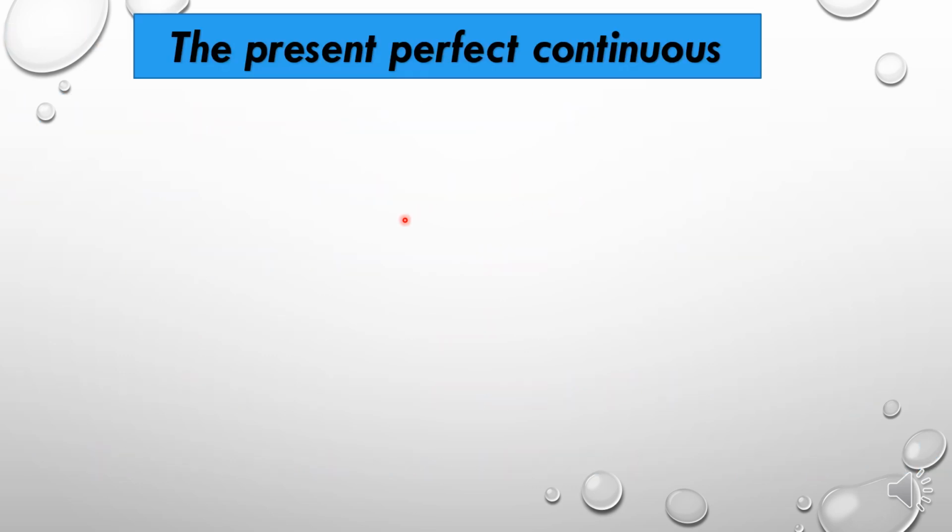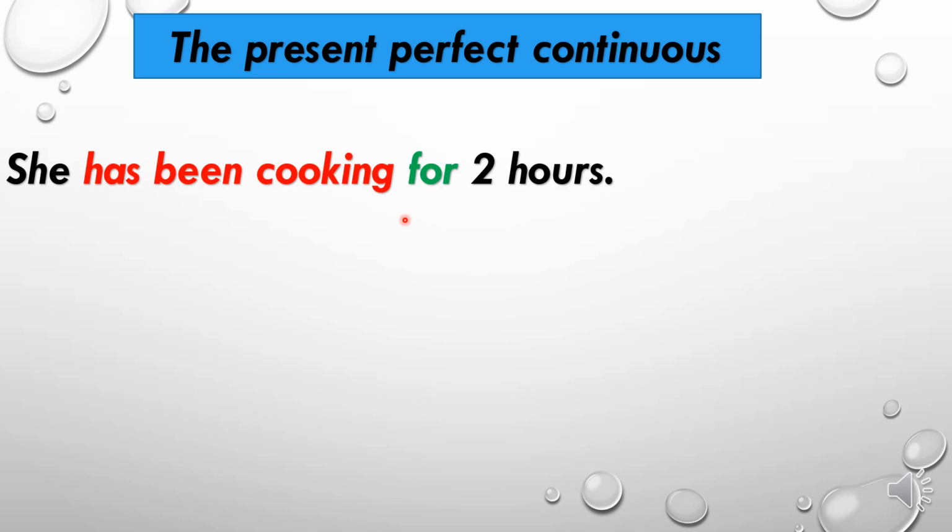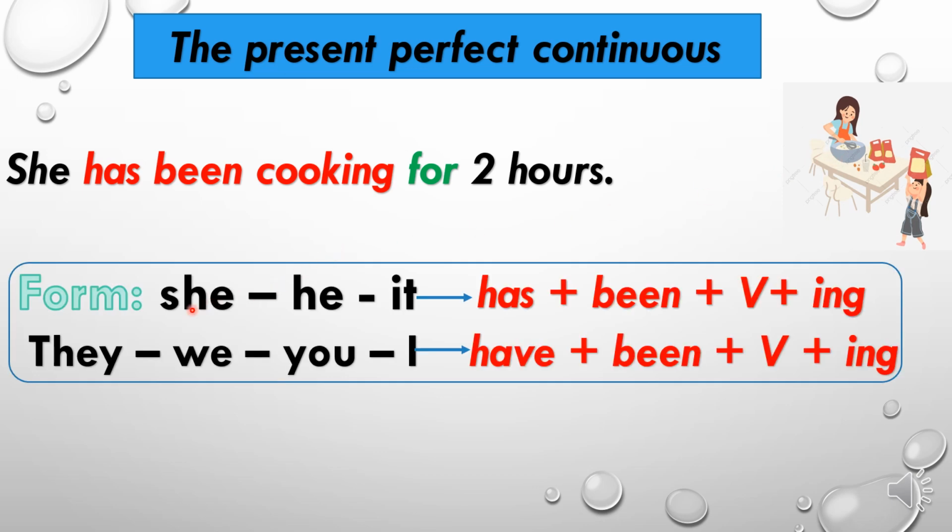What about the present perfect continuous? Look here. She has been cooking for 2 hours. To know more about the form of this tense: for she, he and it, we use has plus been plus verb plus ing. إذا ضمائر she وهي و it بياخدوا has، طبعا singular pronouns، has وبين والفعل مضاف له ing.